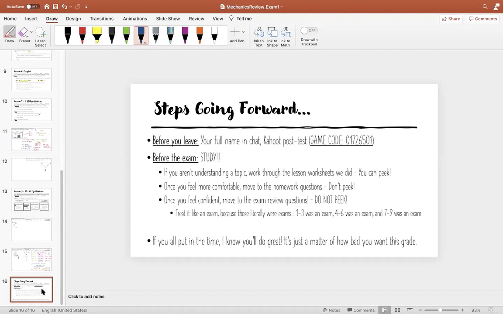Before the exam, this is how I recommend it. If you are still struggling with a topic, say you still really don't get equilibrium, sit in front of the lesson worksheets that we did in class, right? Try to solve them, and if you get stuck, look at the solutions. They're posted. Once you feel more comfortable, try the homework questions, because they're probably just a little bit more complicated, but not by much. Then, once you're ready, use the exam questions or the review questions as practice tests.